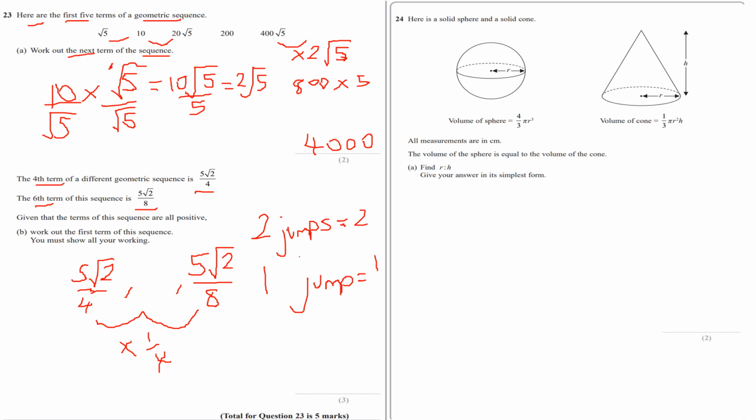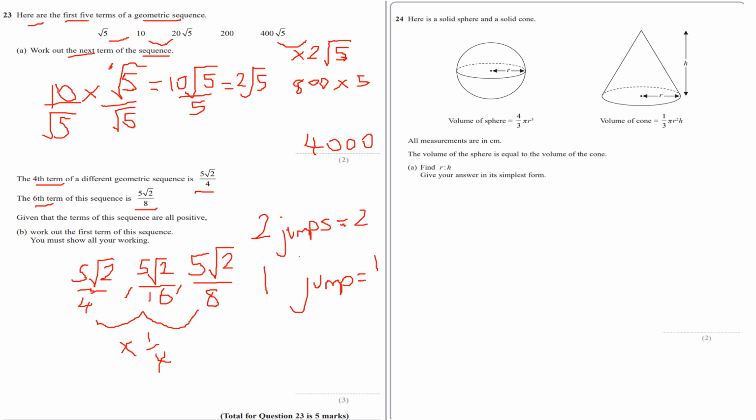So the third term will be 5 root 2 over, okay, 16. Is that right? Sorry, 1 second, guys. So 2 jumps, sorry, is going to be 2, yeah, so it's a half.